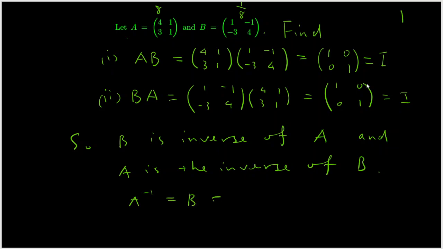And I'm going to write it down. B is a 2 by 2 matrix: 1, -1, -3, 4, right? And also the inverse of B is equal to A. It's not too hard to understand, right? This condition is kind of symmetry. So the inverse of B is equal to A. A is the matrix 4, 1, 3, 1.